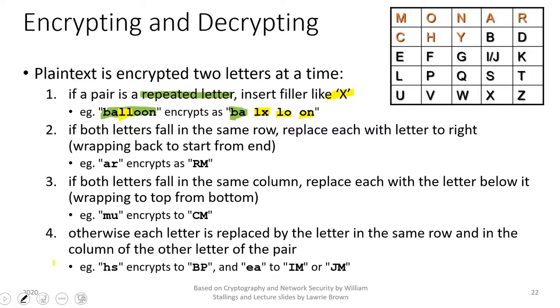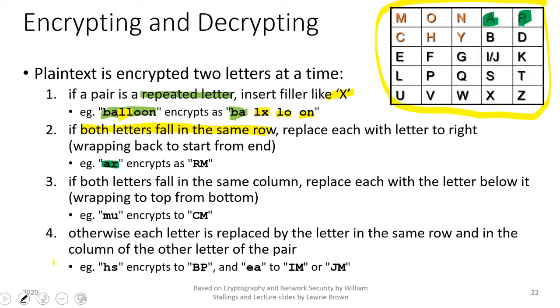Then we take each of those pairs and figure out the corresponding entry from this key. There are three different methods. First, if both letters are in the same row. For example, take AR: A and R are in the same row.